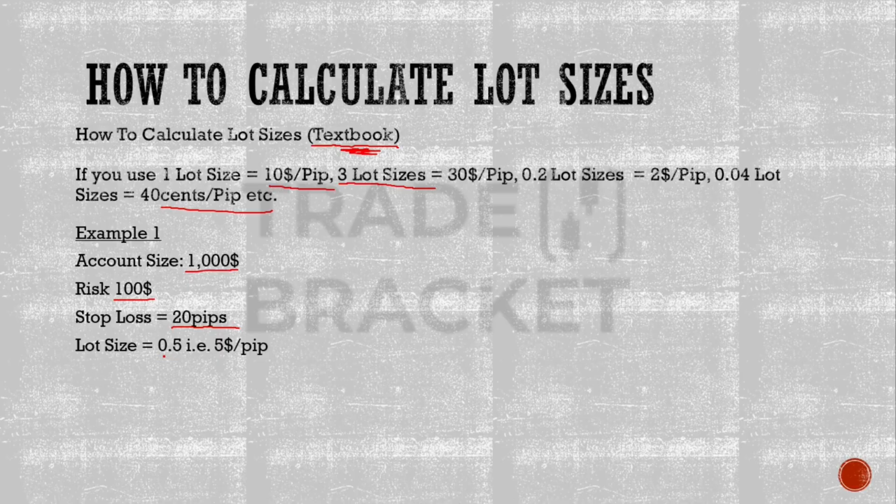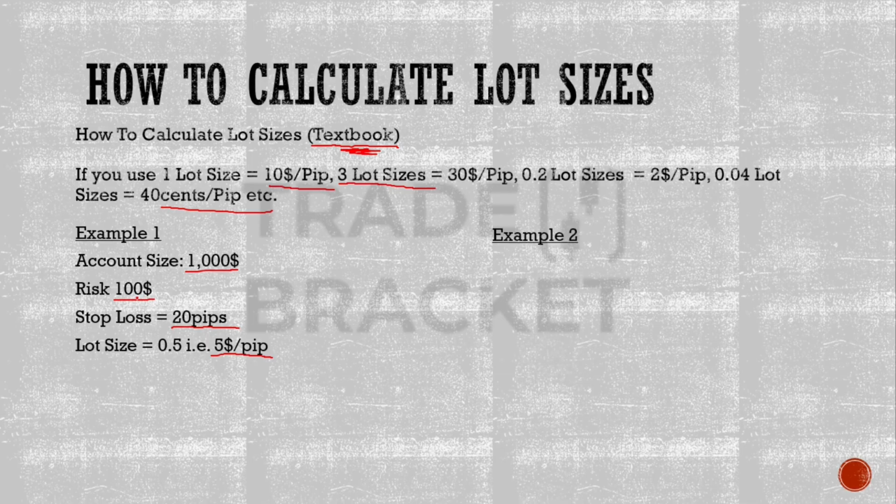You will use a 0.5 lot size, because remember, a 0.5 lot size means you're risking $5 per pip according to the textbook way. So $5 times 20 equals 100. So if this trade hits your stop loss, you will lose $100, the same amount you wanted to risk in the first place.